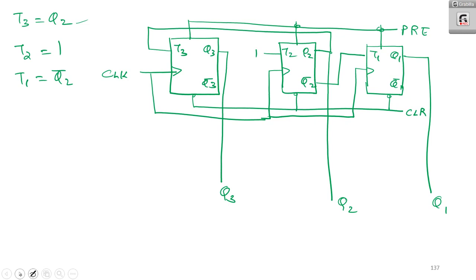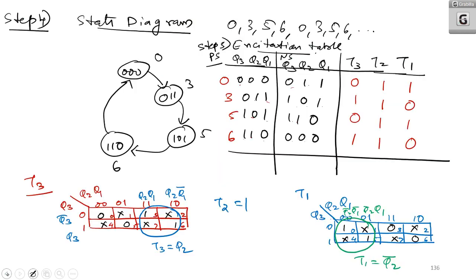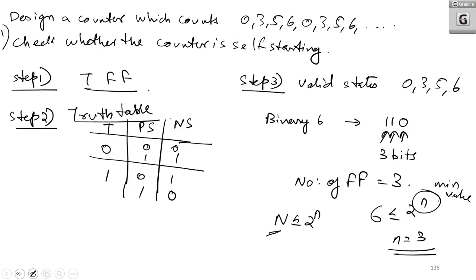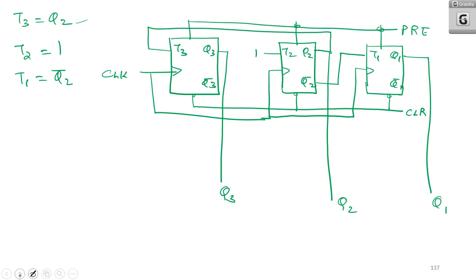Now we need to check whether it is self-starting. The question was we need to check whether the given counter is self-starting. So the next step is checking for self-starting. Here, which are the valid states?